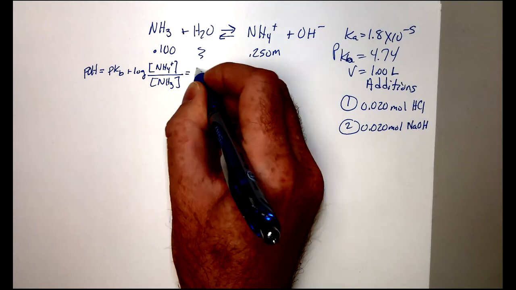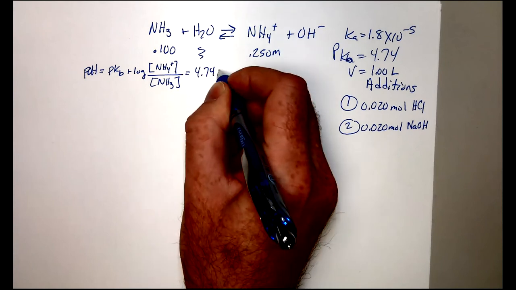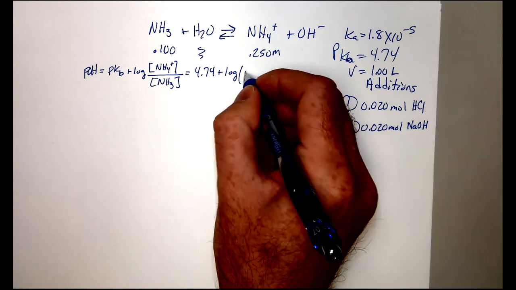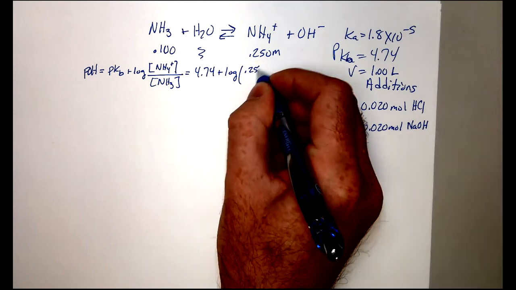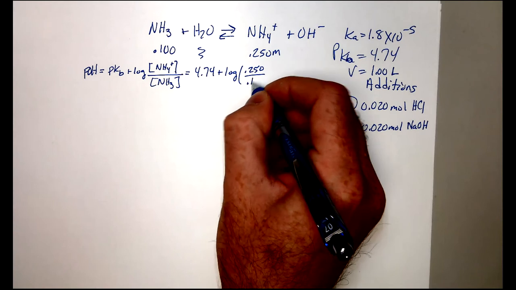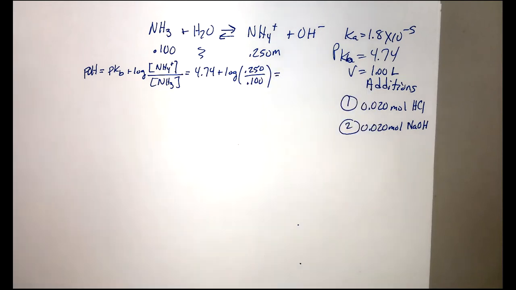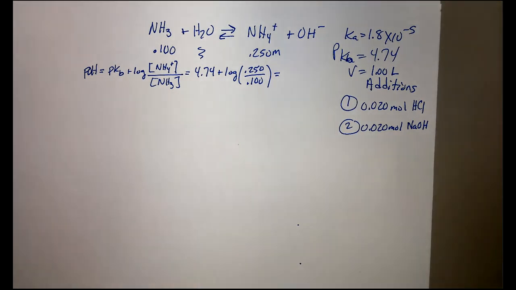So that'll be 4.74 plus the log of 0.250 divided by 0.100. And then you're going to plug and chug, very similar to what we've done before. 4.74 plus the log base 10.